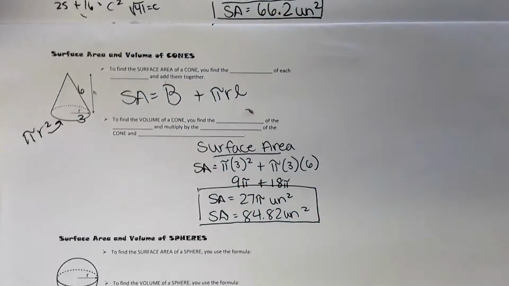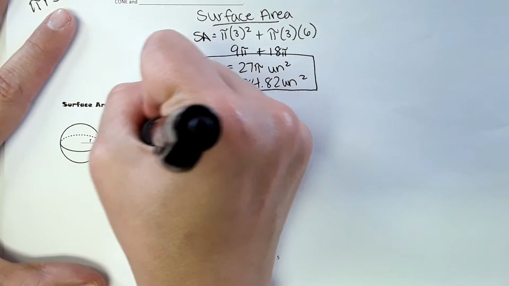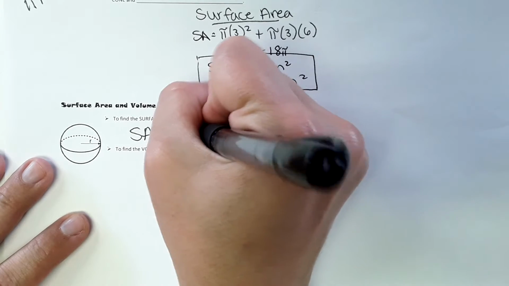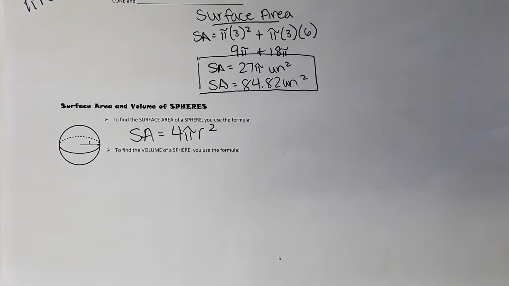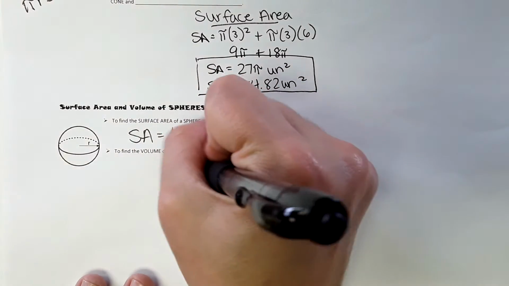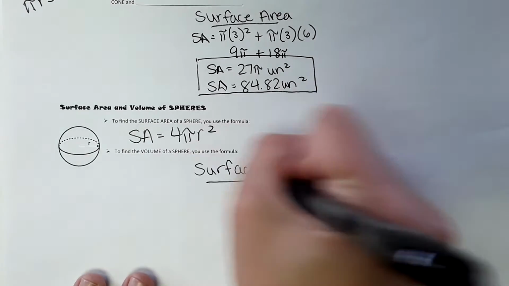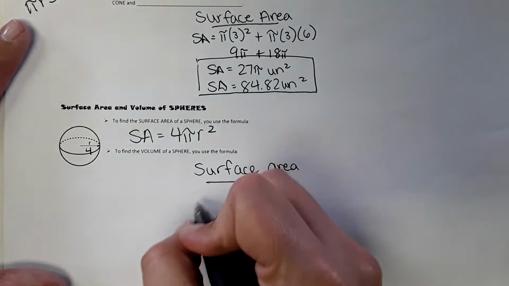Okay, now a sphere actually has the easiest of the equations. Surface area equals 4 pi r squared. And I'm pulling these equations exactly as they are on the reference sheet, and then we're manipulating them if needed. Surface area of a sphere. The dimension we're going to use is 4 for the radius.